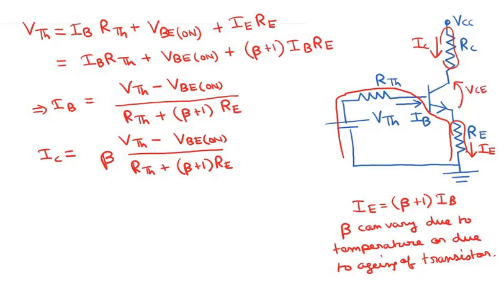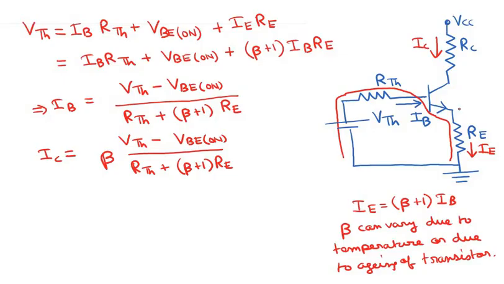We do not really want that, because, as I said, the combination of the DC values of the collector current and VCE is known as the operating point or the Q point of the transistor, and typically we try to keep this operating point at the middle of the forward active regime or at the middle of the load line. So we do not want this DC operating point or Q point to drift away.